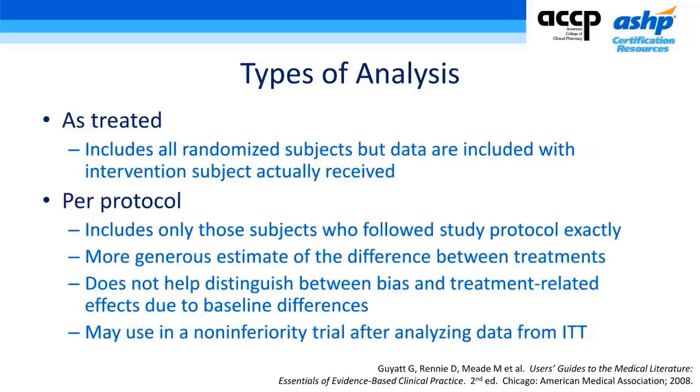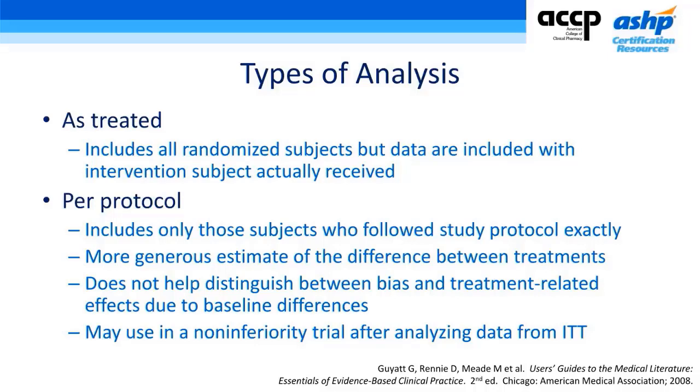However, for as treated analyses, this analysis includes all randomized subjects as well. However, the subject data are grouped according to what the treatment the subject actually received. So perhaps there was a dispensing error. The subject was randomized to active treatment group.